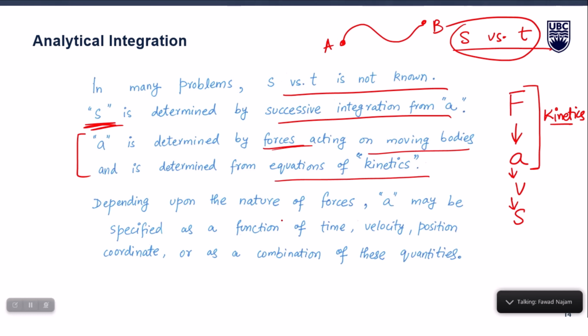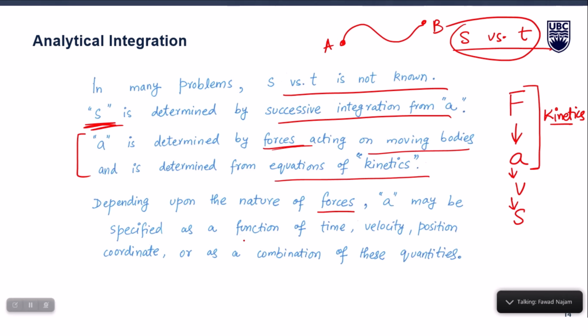Depending upon the nature of the applied forces which produce a particular motion, the acceleration given to you can be a constant value. For example, in all free fall cases, I can say that your acceleration is equal to gravitational acceleration, the acceleration of that particle. So it's a constant value, 9.81 meters per second squared.